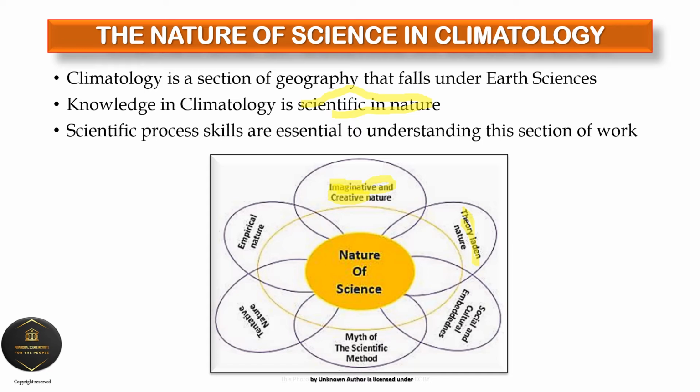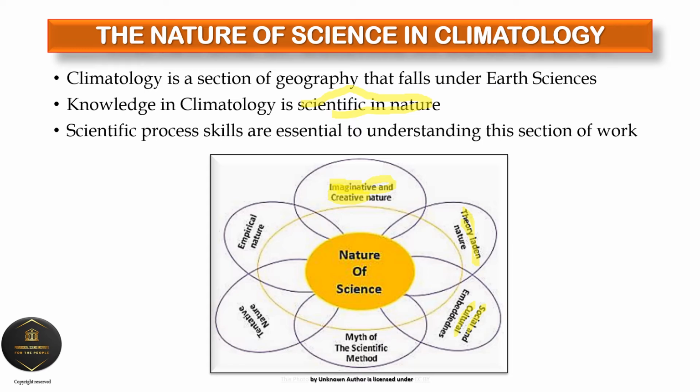Again, we say it is influenced by social and cultural embeddedness. Now, what it means is, and hence I will say geography falls under the social sciences, because as much as we are looking at aspects of nature which fall under the natural sciences, we look at how these aspects of nature affect humans.